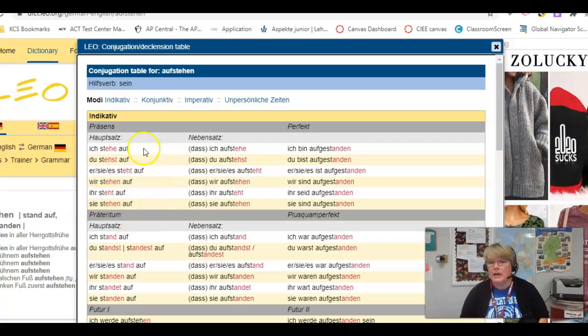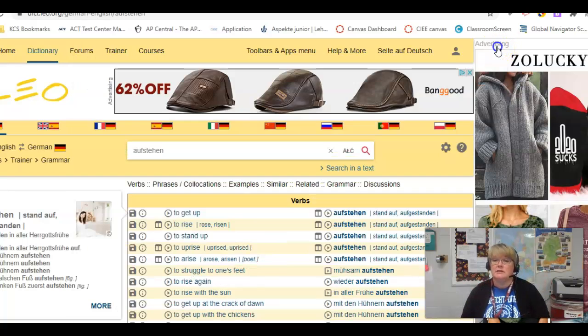Now this is all we know right now, so don't mess with the rest of it. But this first little bit, ich stehe auf, tells you that auf does break off and go to the end of the sentence.